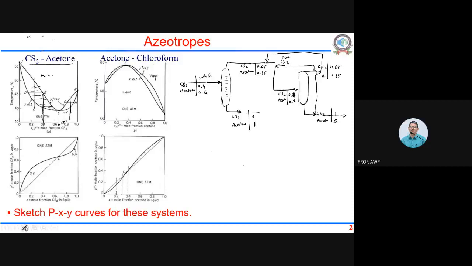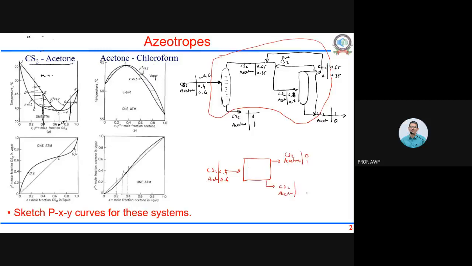So if I take this as a control volume, overall I have CS2 acetone 0.4, 0.6. I have pure acetone, CS2 0 1. I have CS2 acetone 1 0. Do you think this is a good idea or a bad idea?